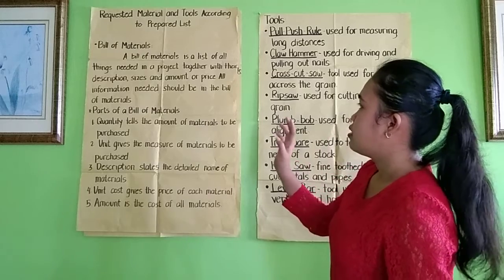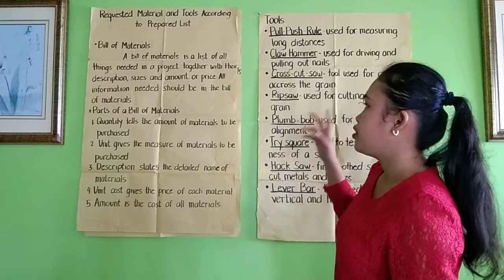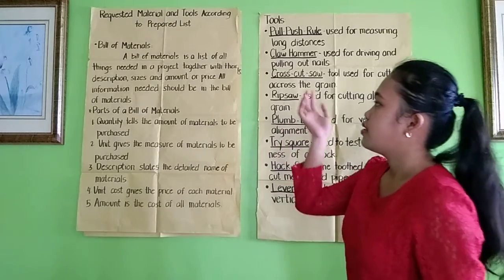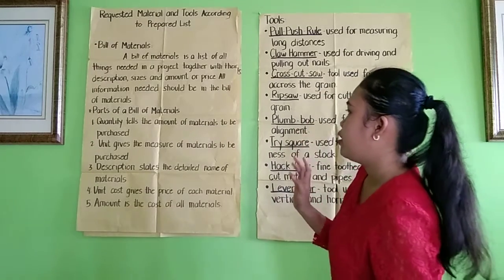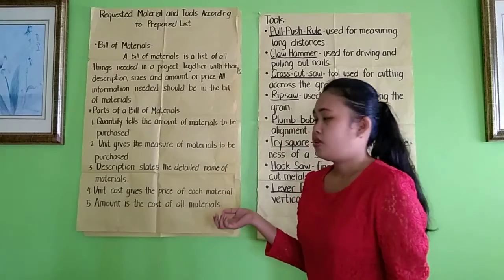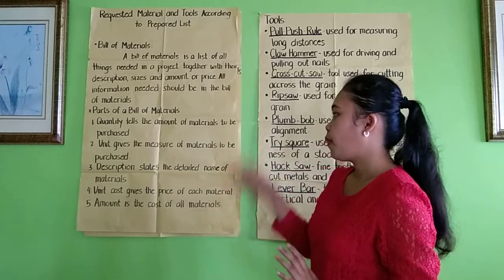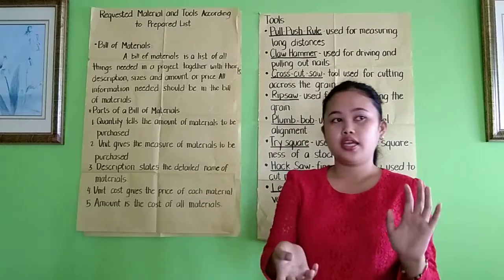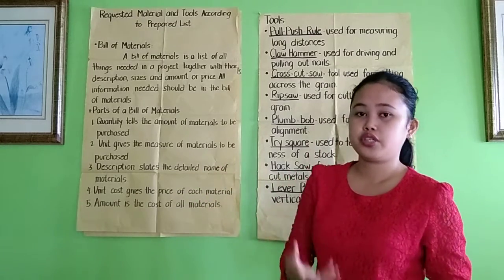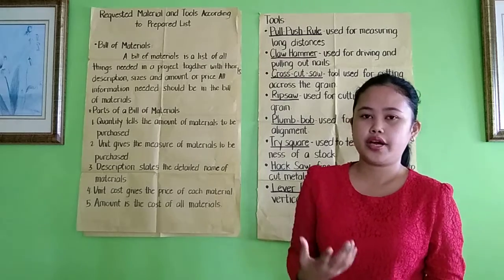A bill of materials is a list of all things needed in a project together with their description, sizes, and amount of price. All information needed should be in the bill of materials. So there are parts of the bill of materials. Quantity tells the amount of materials to be purchased. So how many materials you're going to purchase, you're going to acquire.